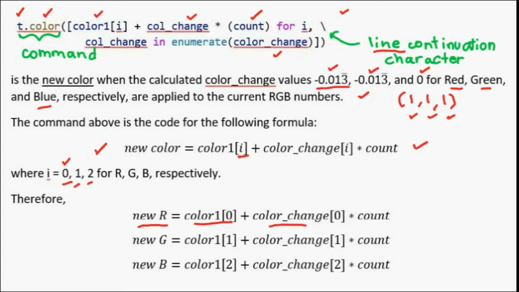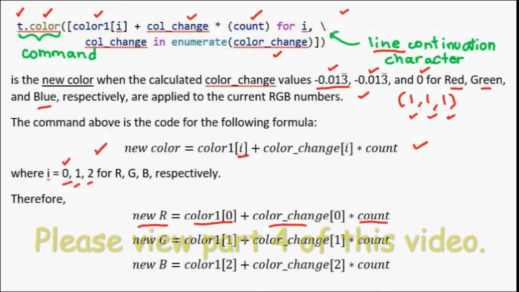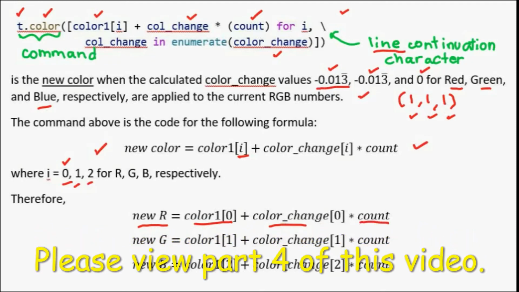I underline that on the upper portion of the screen, times the count. We are in a loop, so we are counting. The first count is 0, and then we continue, and then we have 1, and then we have 2.